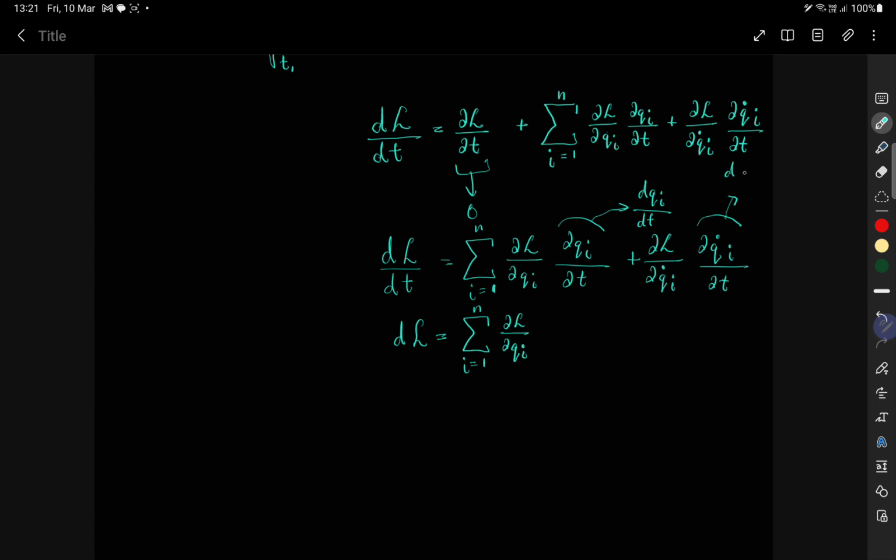Instead of partial q dot i, you can just write dqi dot by dt. Okay, now since we've multiplied by dt, we can get rid of the dt at the bottom, so we get dqi.